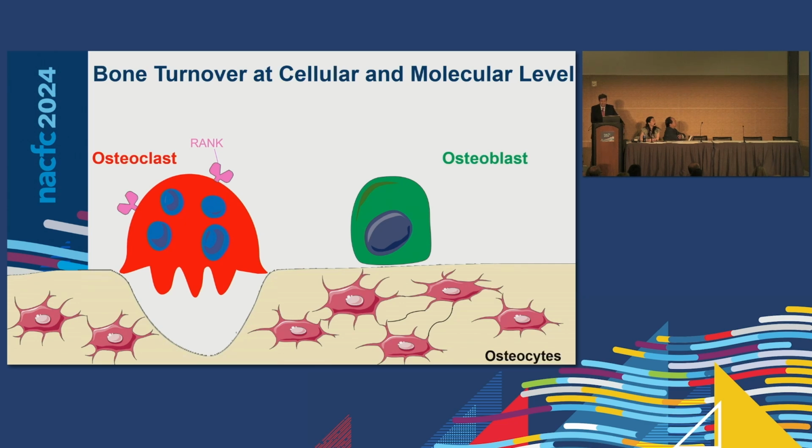So RANK, or receptor activator of NF-kappa B, is this important receptor on osteoclasts and osteoclast precursors. It interacts with RANK ligand, its ligand that is secreted by osteoblasts. And whenever that interaction occurs, there's greater osteoclastic resorption.